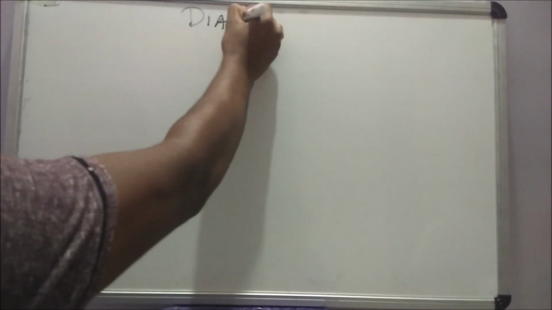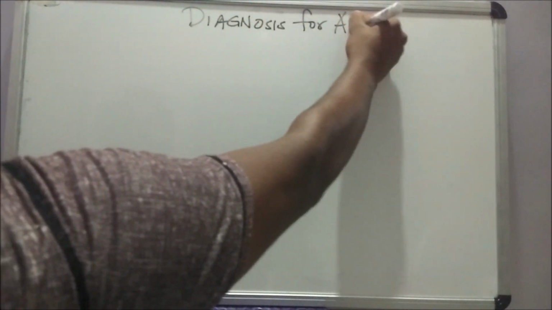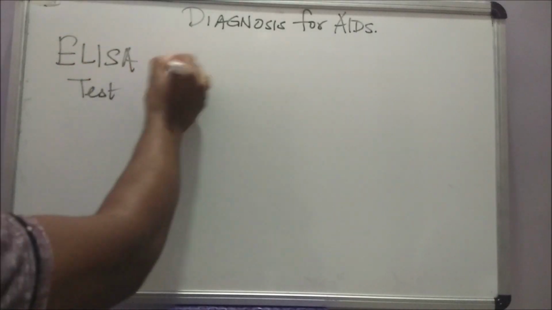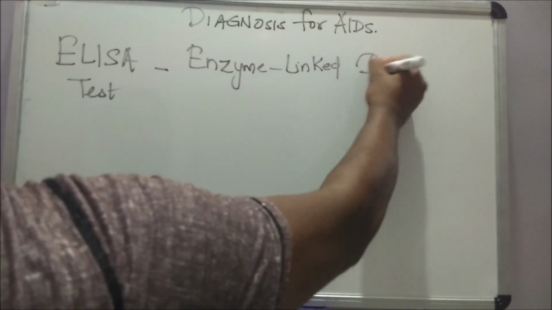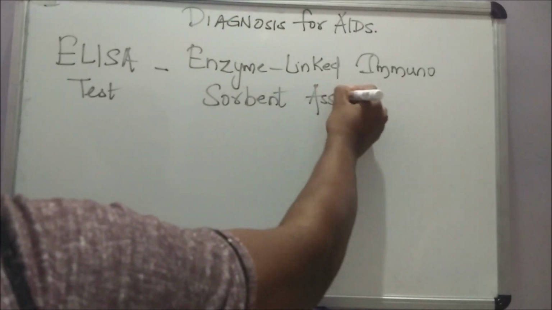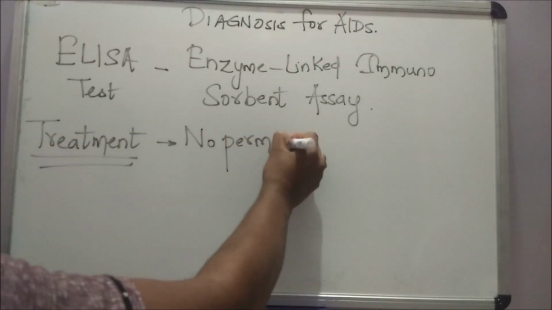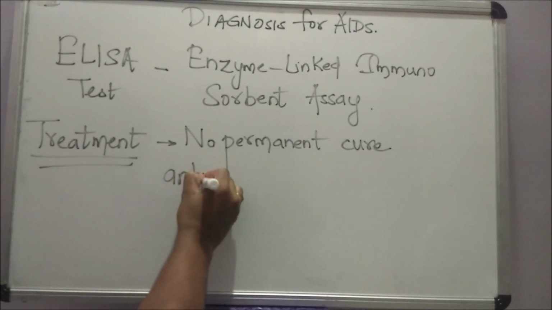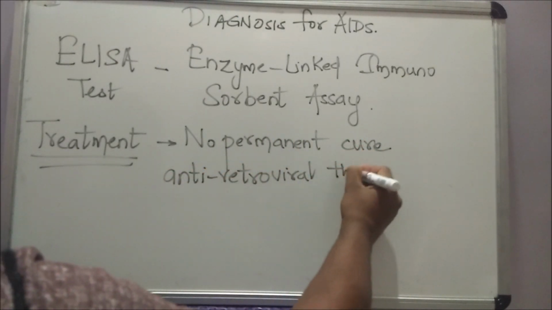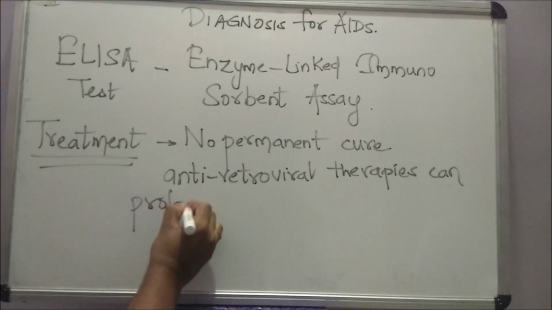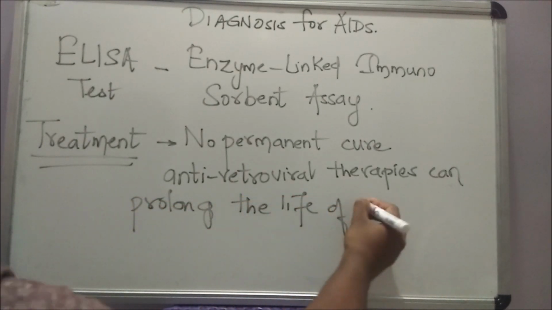Let's discuss the diagnosis of AIDS. It is diagnosed by a test called ELISA, enzyme linked immunosorbent assay. Now let's learn about the treatment. There is no permanent cure for this disease. There are certain antiretroviral therapies which can actually prolong the life of the patients.